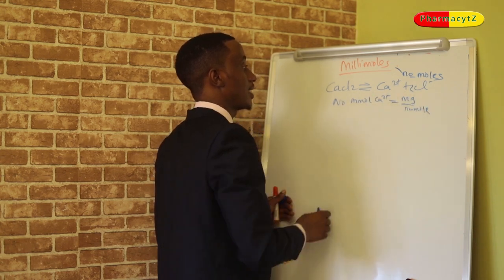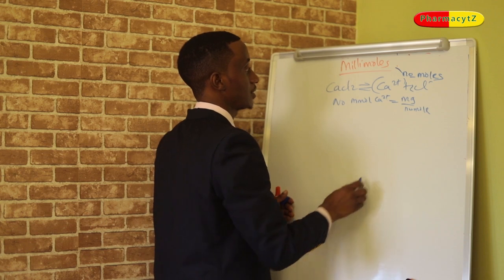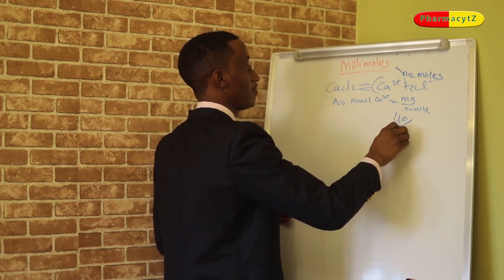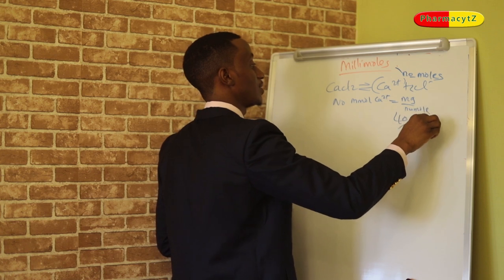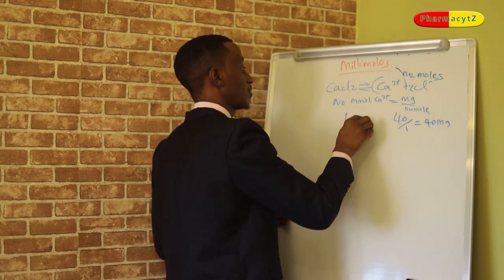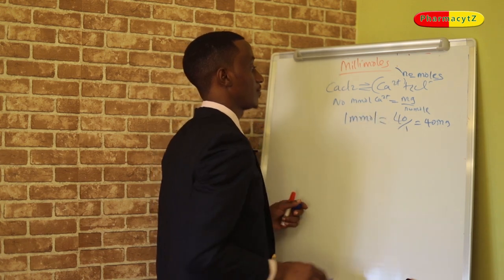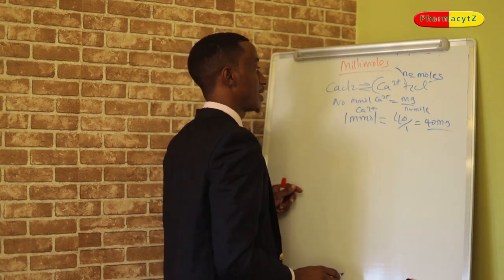Then you will get the desired number. Calcium is 40 divided by 1, so you get 40 milligrams. So 1 millimole of calcium can provide 40 milligrams.